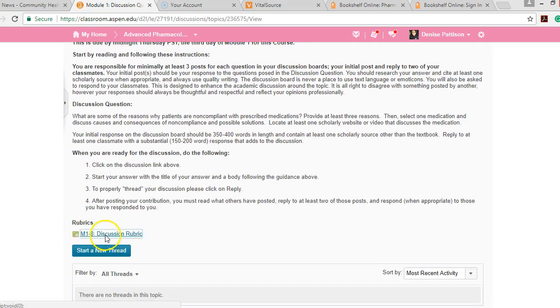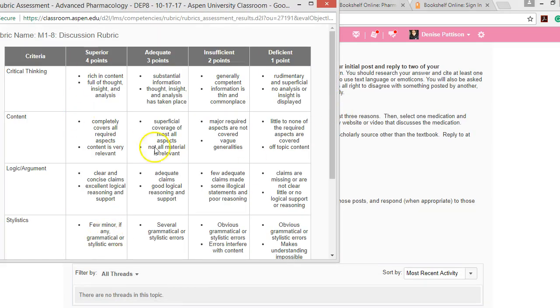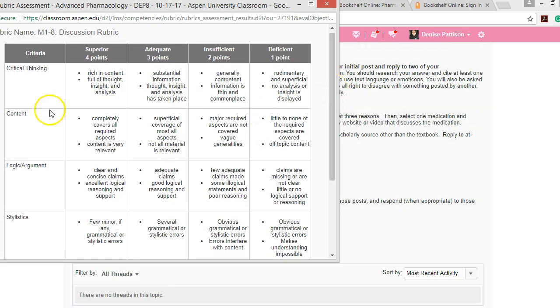So the discussion board rubric is right here, and so critical thinking: was it rich in content, full of thought, insight, and analysis? So did you break down the concepts instead of just covering them and talking about them generally? Did you apply it to the clinical setting? Did you look at research to support your arguments? And that's where logic and argument come in.